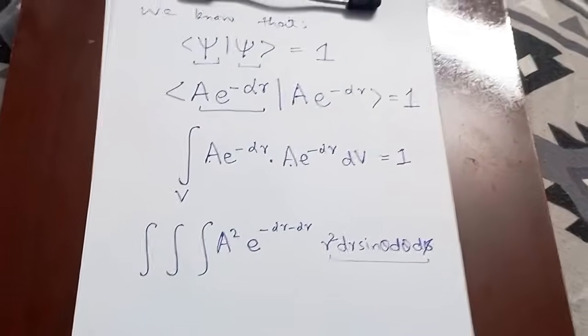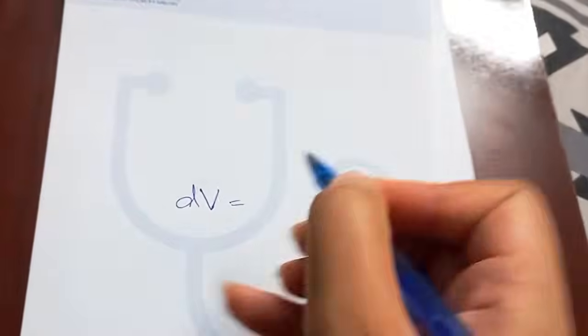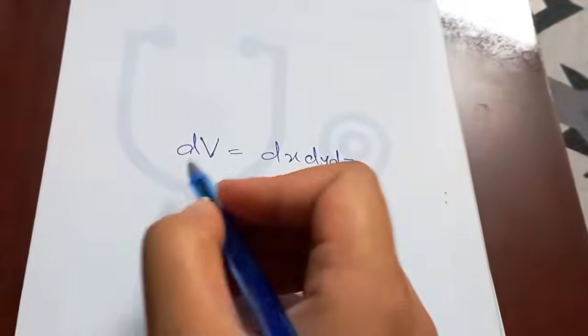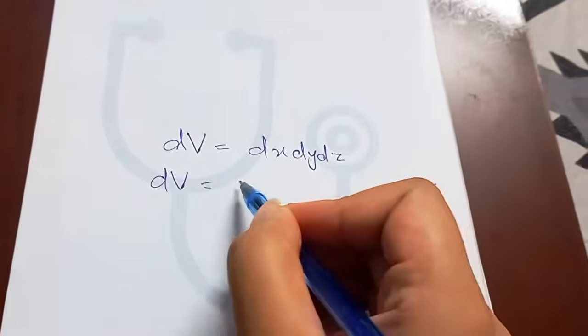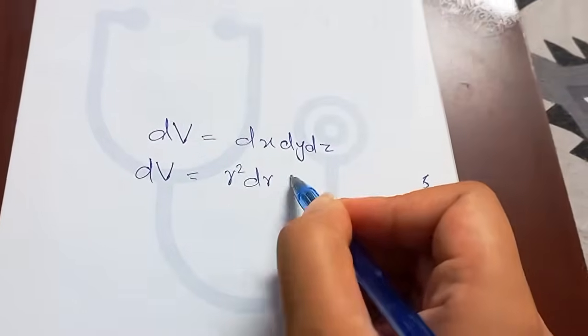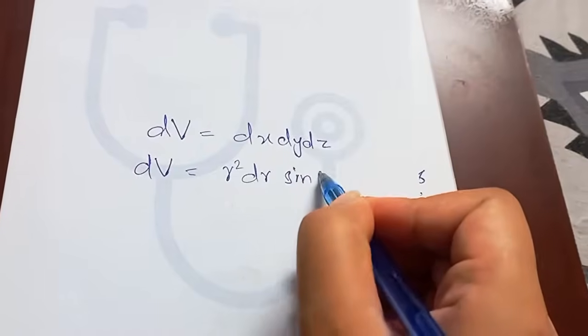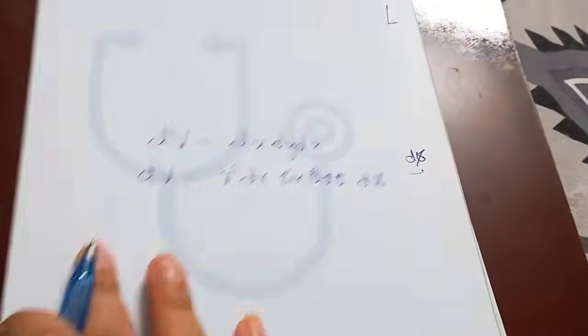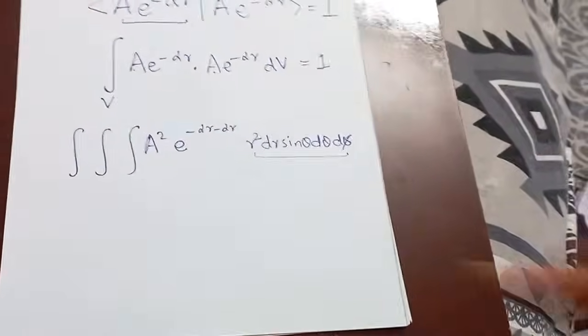All right, dV in Cartesian coordinates is different. In Cartesian coordinates, dV is equal to dx dy dz. In spherical coordinates, it is equal to r square dr sine theta d theta d phi. So you should know about it.